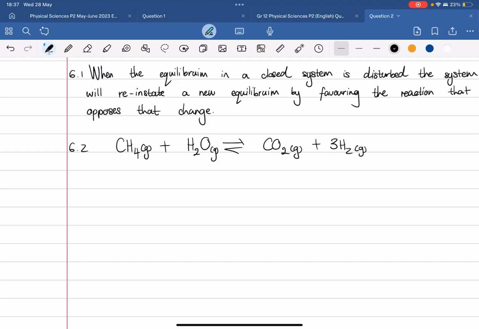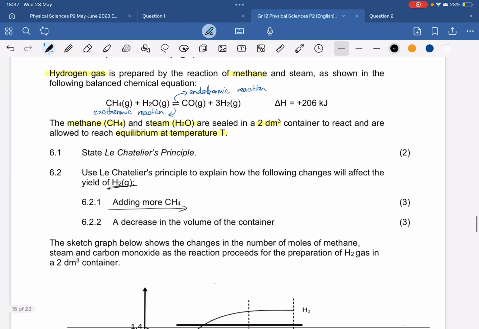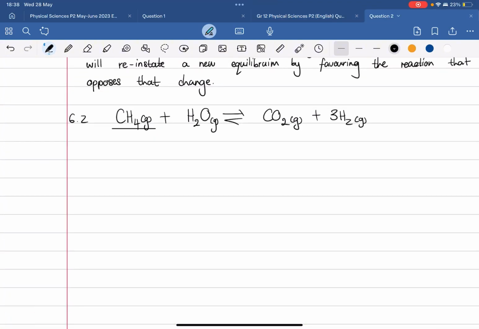And then we're asked what would happen to the yield of hydrogen gas, so 6.2.1, when adding more of CH4, right? So when you add more of CH4, what is going to happen? The first thing that's going to happen is that the concentration of CH4, so the square brackets means concentration, will increase.